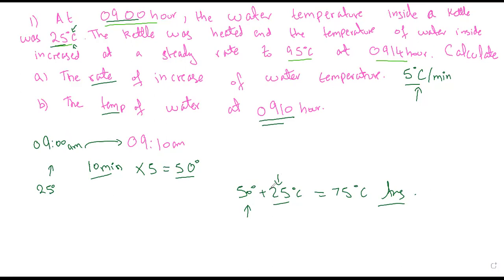Now let's talk about another question. So let's say we have a map of Singapore that has a scale of 1 ratio 60,500.